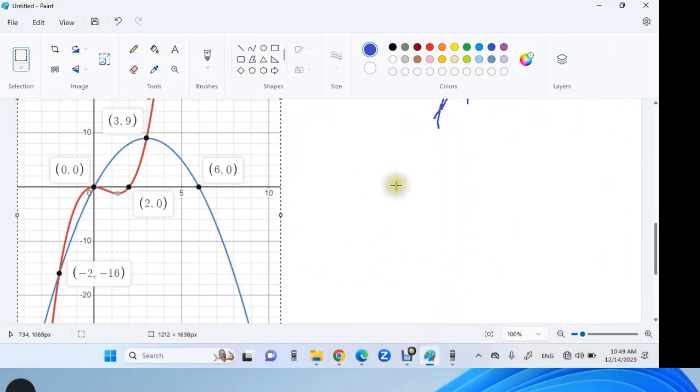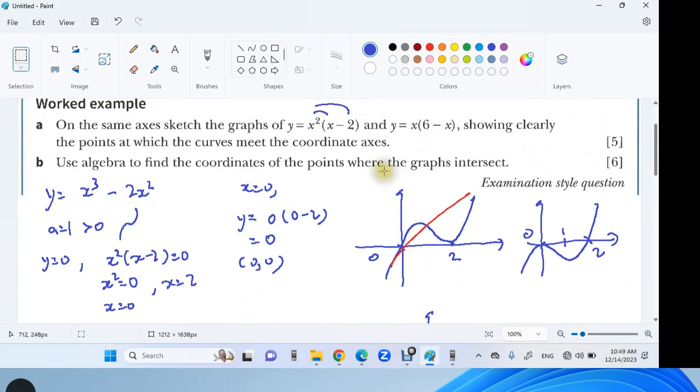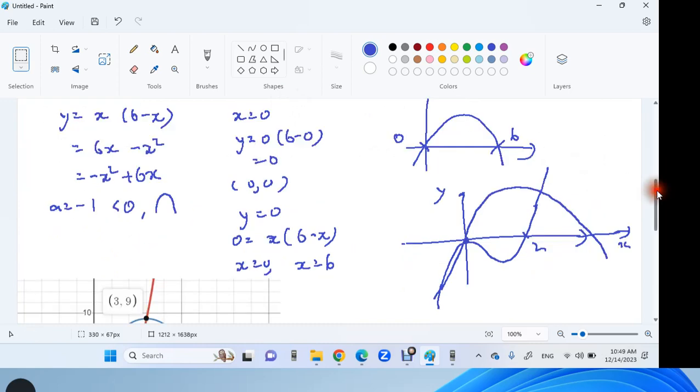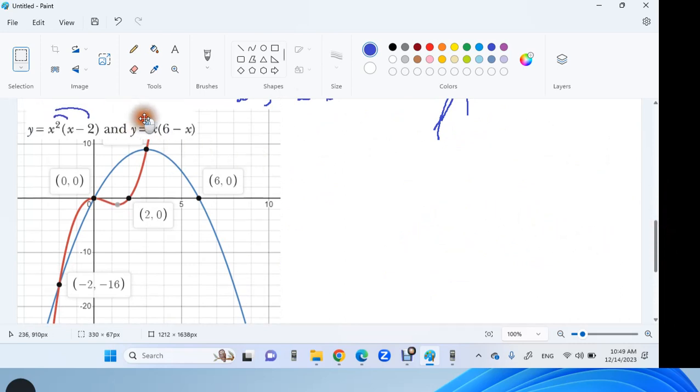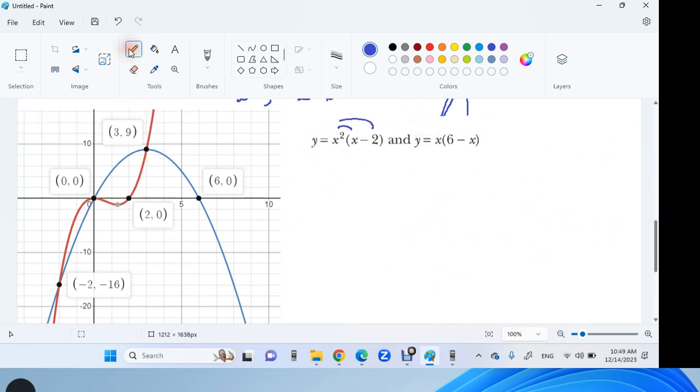Okay, so for part B, they ask us to use algebra to find the coordinates of the point where they intersect. To find where the points intersect, we equate the first equation and the second equation.